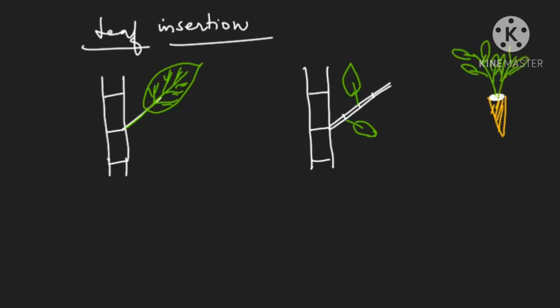So depending upon where they are present, we will classify them. This is known as cauline leaf. This is known as ramal leaf.